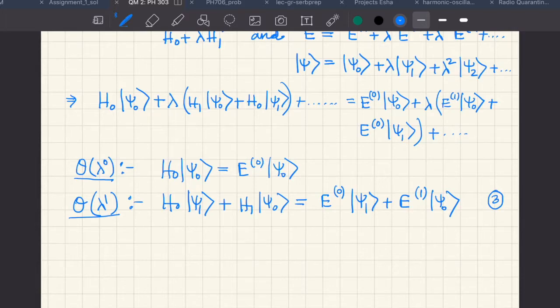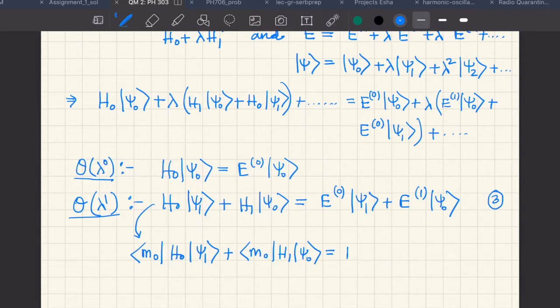Then what you do is that you take this equation number 3 and take the inner product with bra m naught. So you take this equation and take the inner product with bra m naught, and what you get is bra m naught H naught psi 1 plus bra m naught H1 psi 0 is equal to E naught bra m naught psi 1, because E naught is a number, E1 is also a number, so we will have E1 bra m naught psi 0.